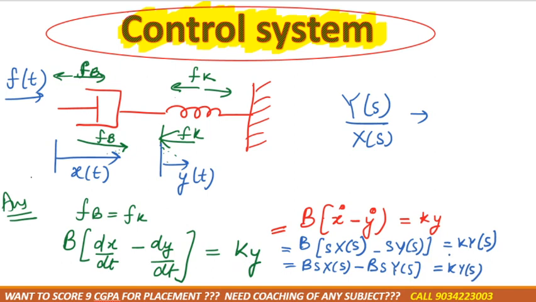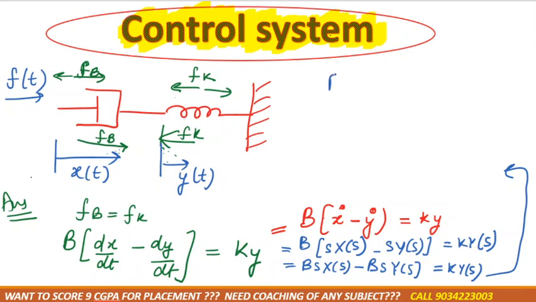Now we can shift this Y(s) to the other side. So it would be Bs X(s) is equal to K Y(s) plus Bs Y(s), right?